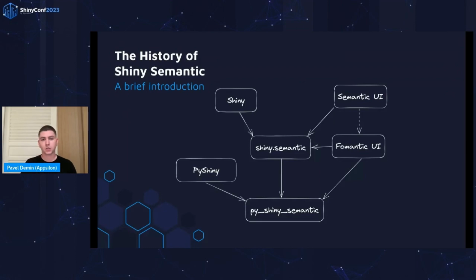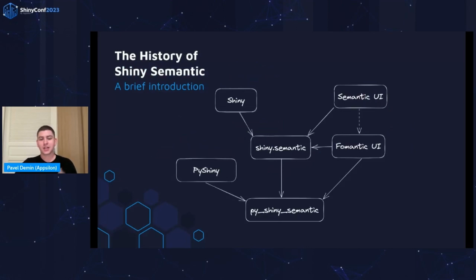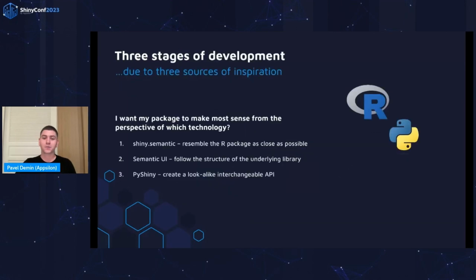We wanted to isolate the experiment. This is why Shiny Semantic seemed to be a perfect candidate for this task. And so, okay, Shiny Semantic it is. Let's start the development. And as you've noticed on the graph, this PyShiny Semantic, maybe I'll show it one more time, has three incoming arrows from Shiny Semantic, from Semantic UI, and from PyShiny.